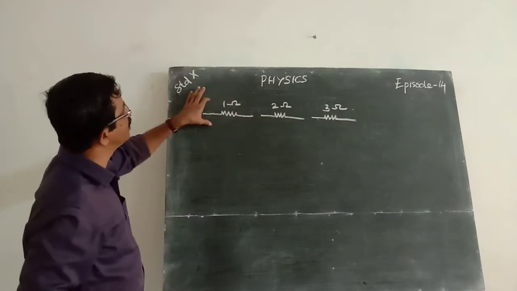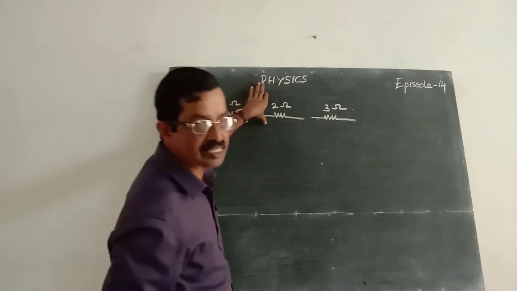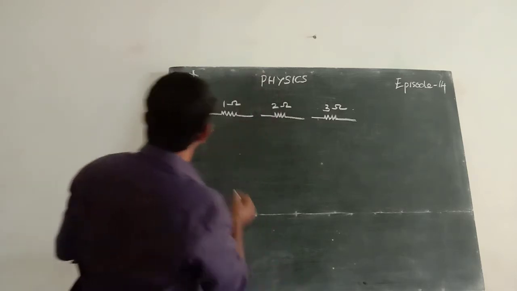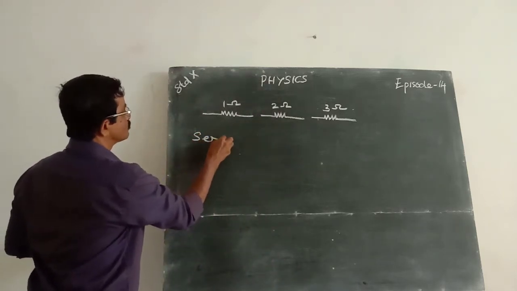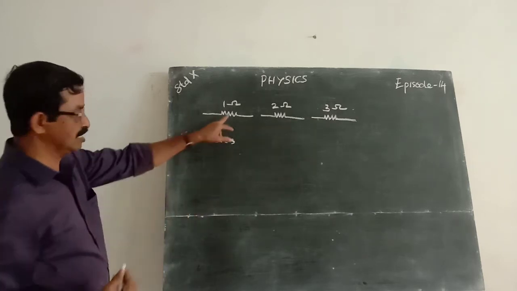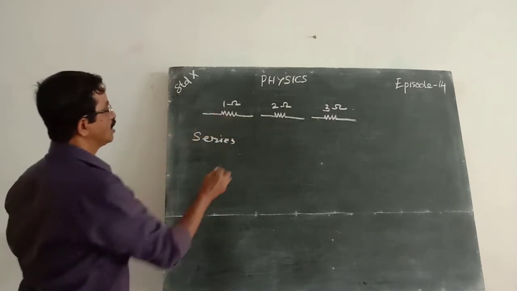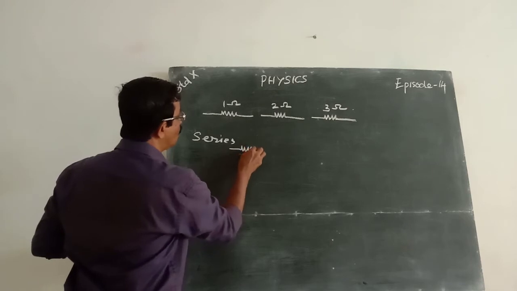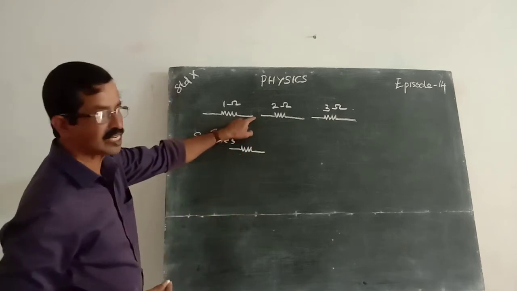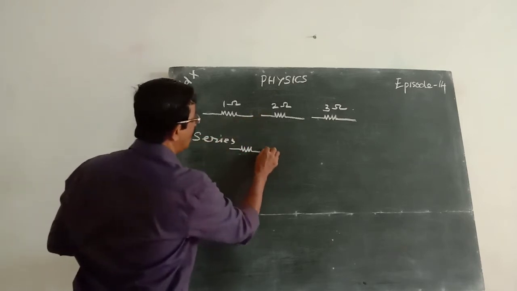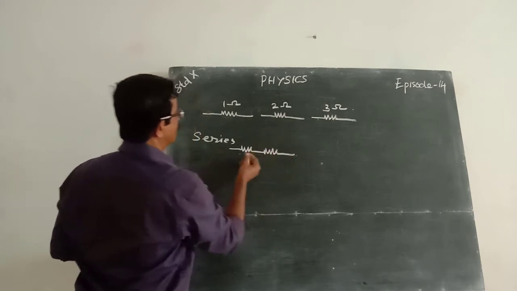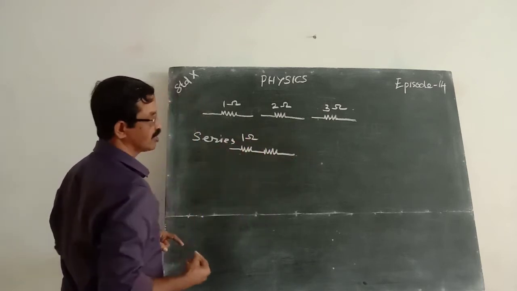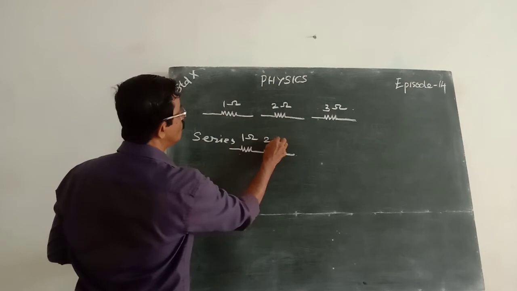When we connect resistance in series, see this resistance with a 1 ohm, its end is connected to the second one. This is with a 1 ohm, this one is with a 2 ohm.